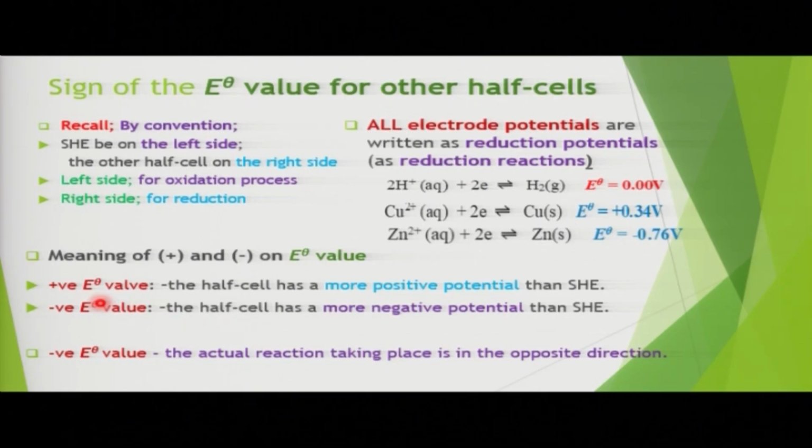When you have a positive value, that means the half cell has a more positive potential relative to SHE. Remember, potential, we connect it to something else, relative to something. So the half cell for copper is more positive, while zinc is more negative. And the negative value simply implies that the reaction that is actually occurring is in the opposite direction.